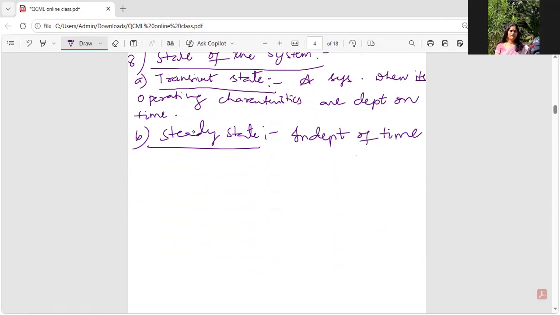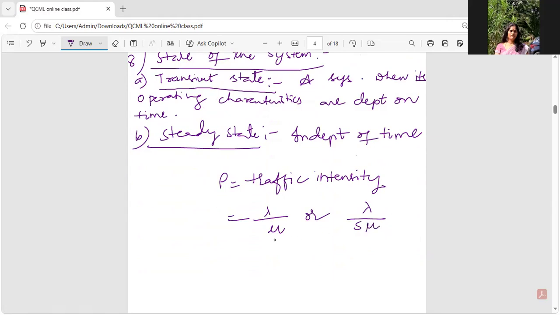Along with this, you are already aware of rho, that is the traffic intensity. It is nothing but the ratio of lambda by mu. Of course, if the servers are more in number, then it is S into mu. If S is equal to 1, this is the formula, as 1 into anything is itself.